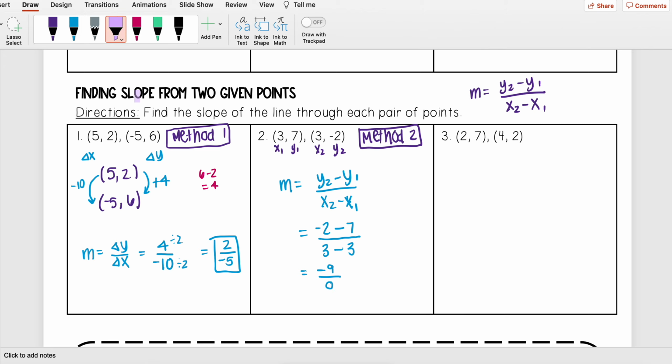Okay, here is where we have something that's a little bit different. Right now I have negative 9 divided by 0. We actually can't divide numbers by 0. That doesn't give us a real solution. I cannot have 0 in the denominator. So whenever you have a case like this, where you end up with 0 in the denominator, the answer here is that your slope is undefined.